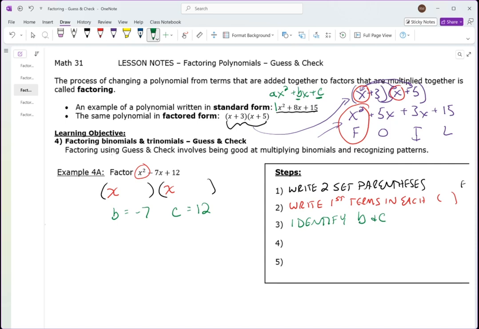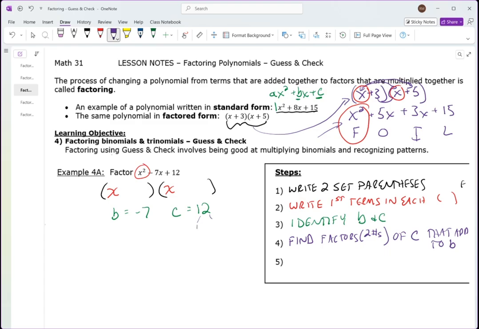Now I'm going to try to find two numbers, factors of C, that add to B. I could do this at random, but oftentimes I'll think about it.